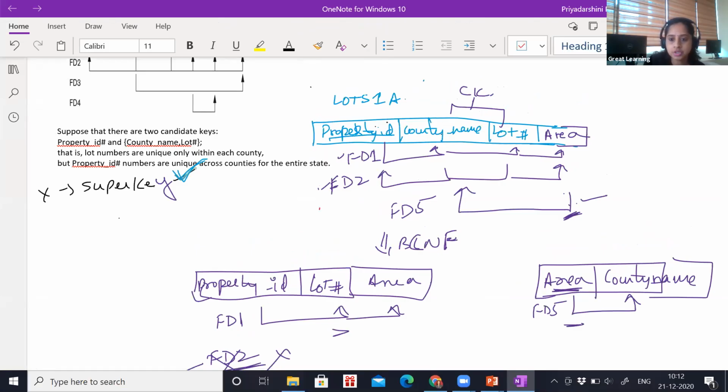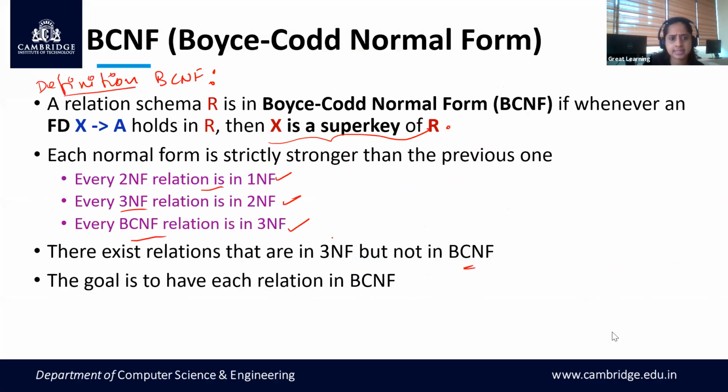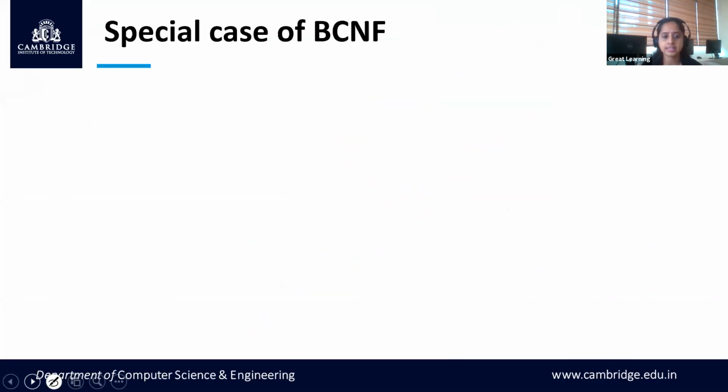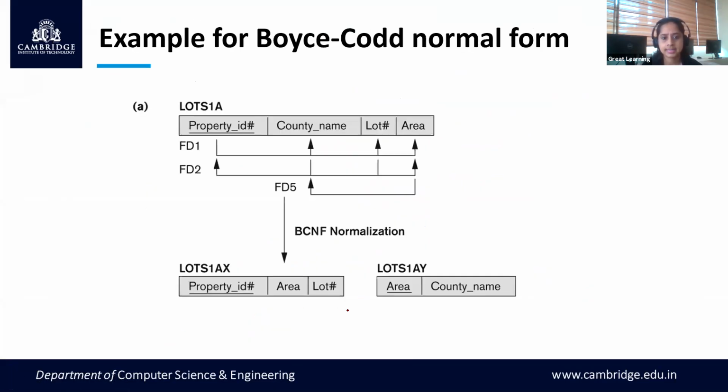Usually, when it comes to BCNF, we will face this problem. What is the special case problem? This is how we have divided, but my FD2 has been lost here, because it was fully functionally dependent on both.